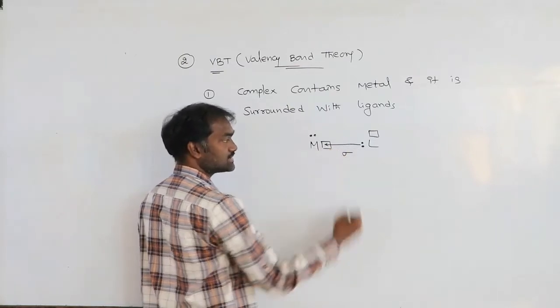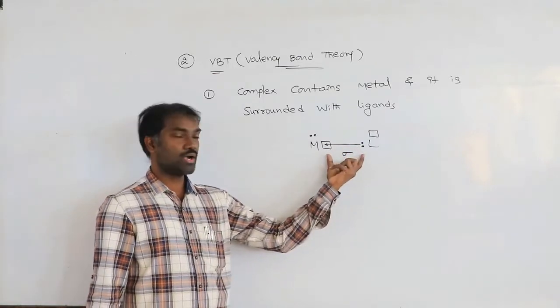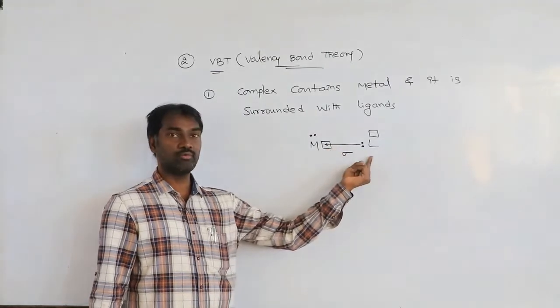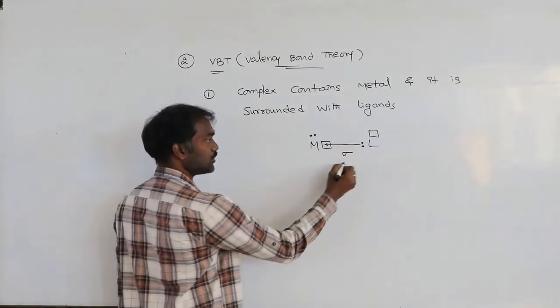This is called a sigma bond. Which type of bond? For one bond formation, two electrons are required, and those two electrons are supplied by one species only. That is why this bond is called a coordinate covalent bond.